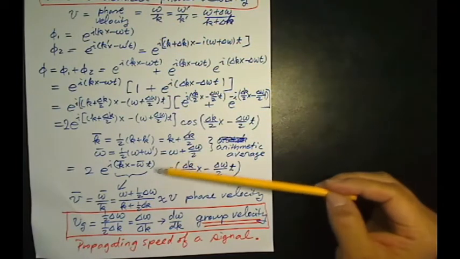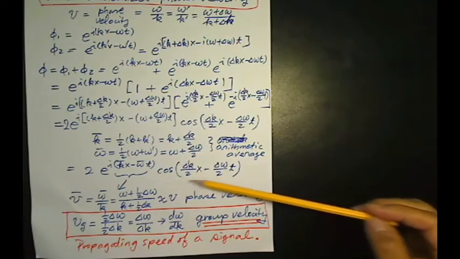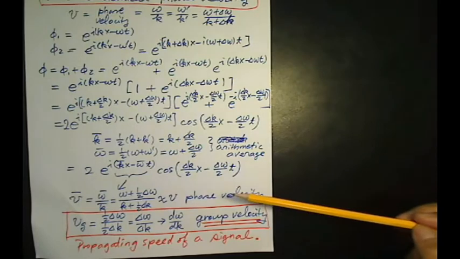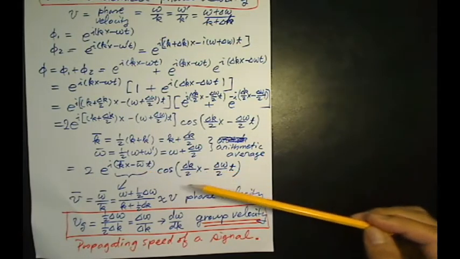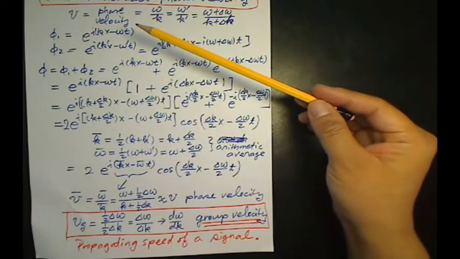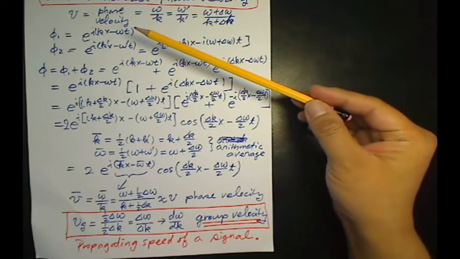Instead, the remaining factor has another wave. So this is a product of two waves. Both of them are propagating. And this front factor propagates with almost the same as the original phase velocity.